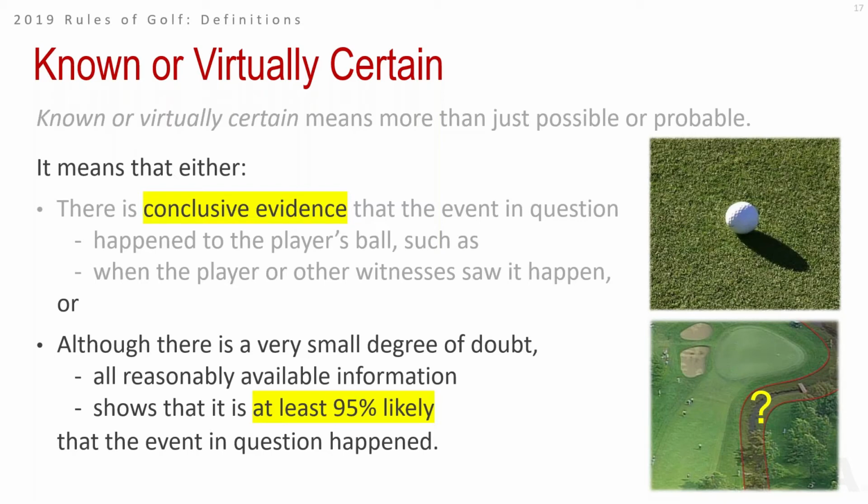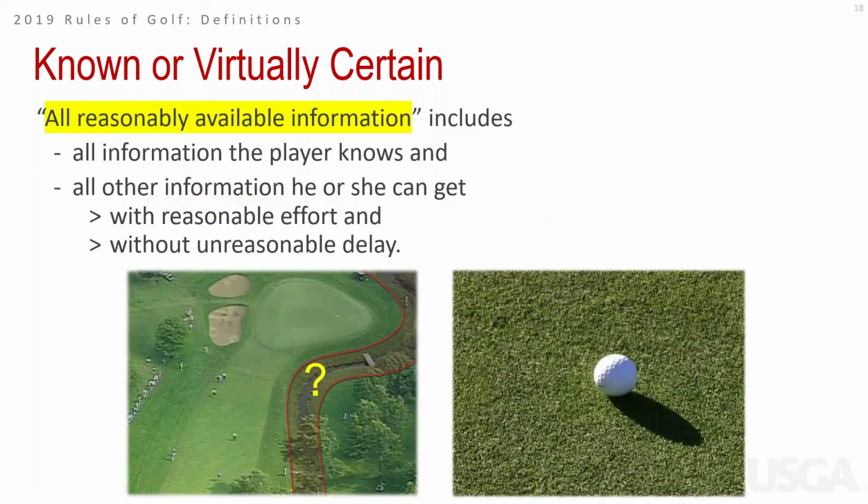Well, then we have knowledge or virtual certainty that the ball is in the penalty area. So again, even though we didn't see it splash, if there's no other place for that golf ball to be, 95 times out of 100, we have knowledge or virtual certainty. And again, all reasonable information includes all information the player knows and all other information he or she can get with reasonable effort and without unreasonable delay.